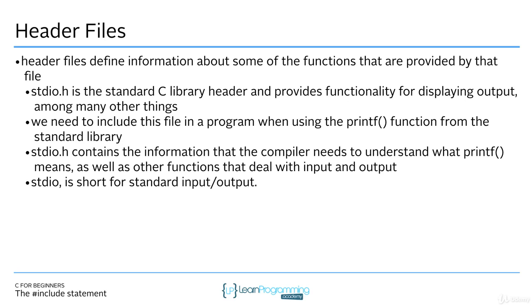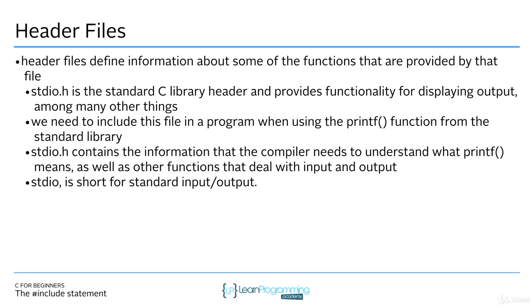stdio is short for standard input output. So this library contains functionality for dealing with input and output. And so this is the concept of using a meaningful name. We don't want to call that library JSON or JSON.h because that's not meaningful. We use stdio.h because it's saying standard input and output, and we know that library contains all sorts of functionality for input and output.